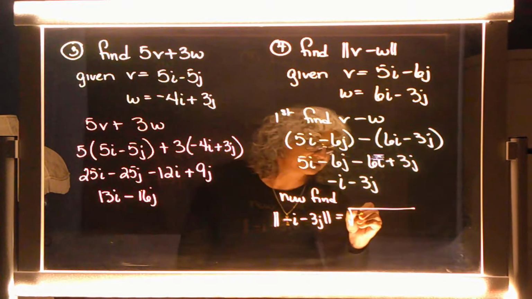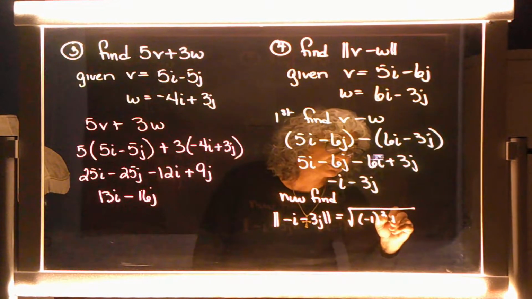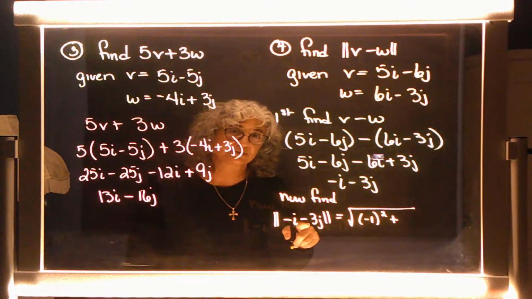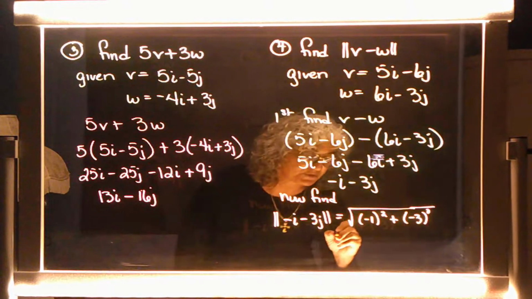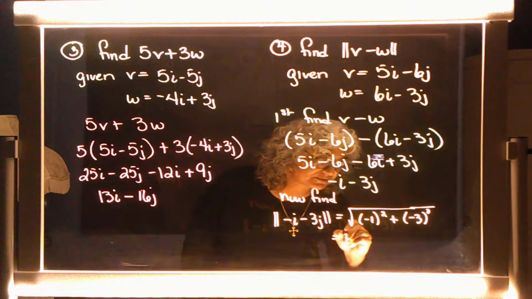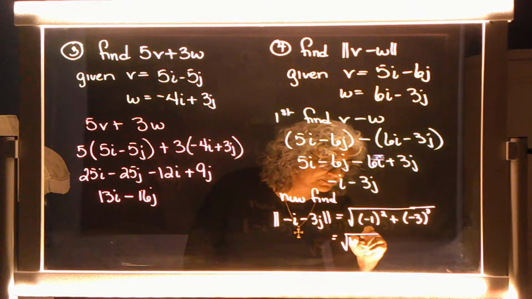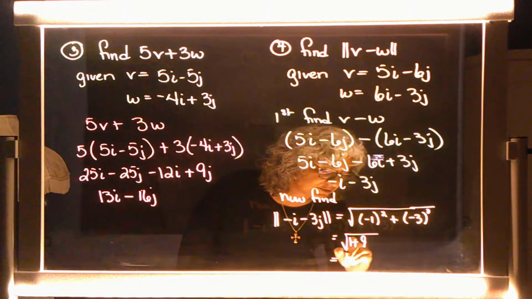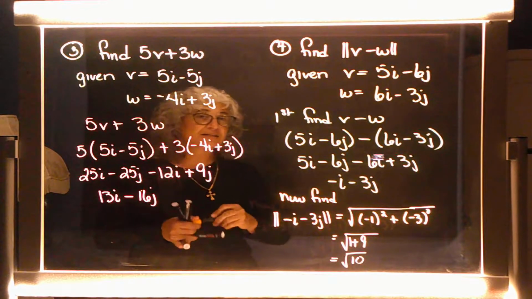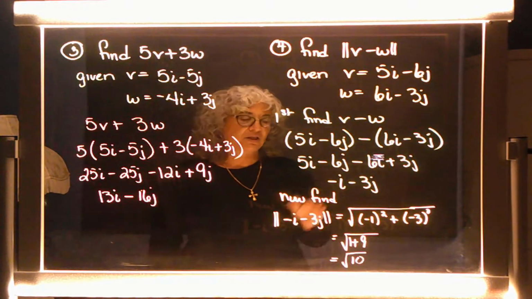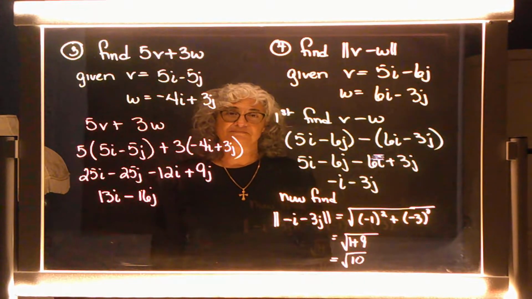Good, negative 1. So negative 1 squared. Plus, what's your second number? Good, negative 3 squared. Which equals 1 plus 9, which means we have a magnitude of the square root of 10. And unless they tell me that they want a decimal, that's the way I'm leaving it.